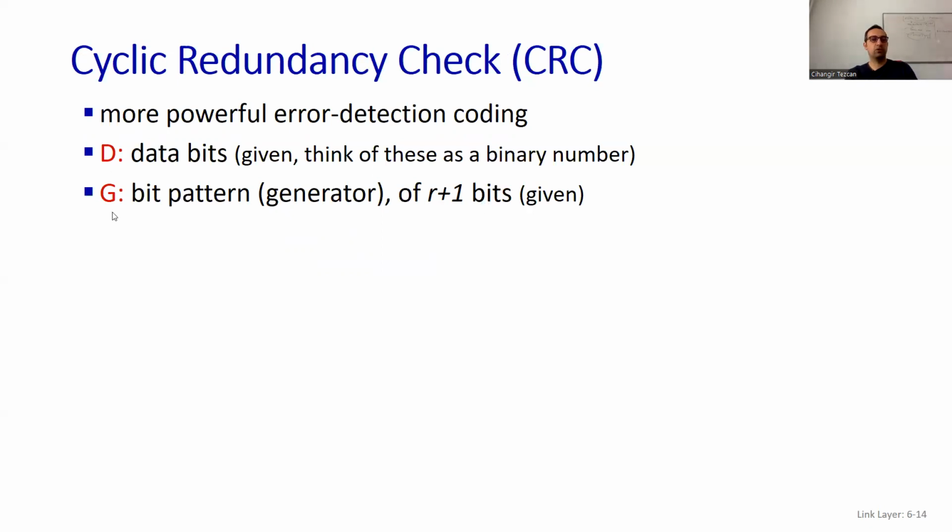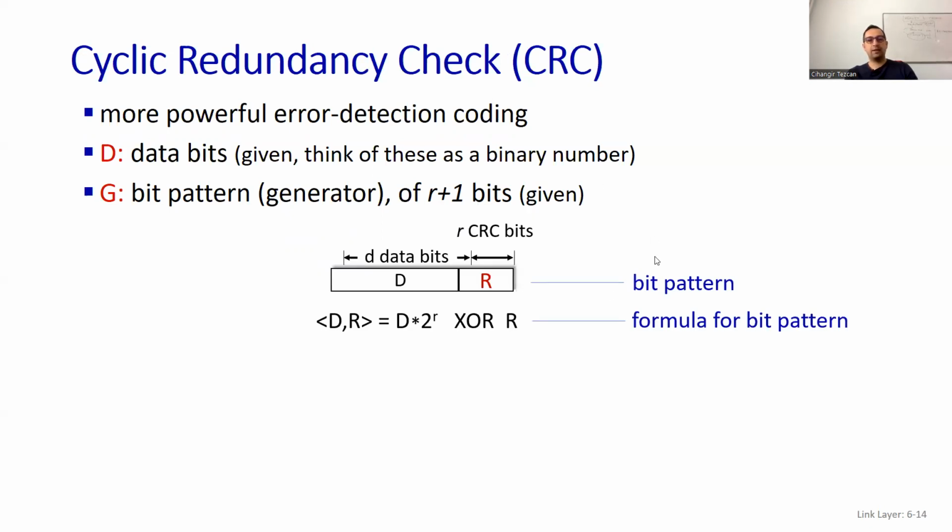Okay, so you choose some G, and in the RFCs, in the standards, you can see this kind of G for 8 bits, 16 bits, and 32 bits. So the idea is as follows: you have the data, and you provide R cyclic redundancy check bits. How you add this R is you divide this data by G and write the remainder here.